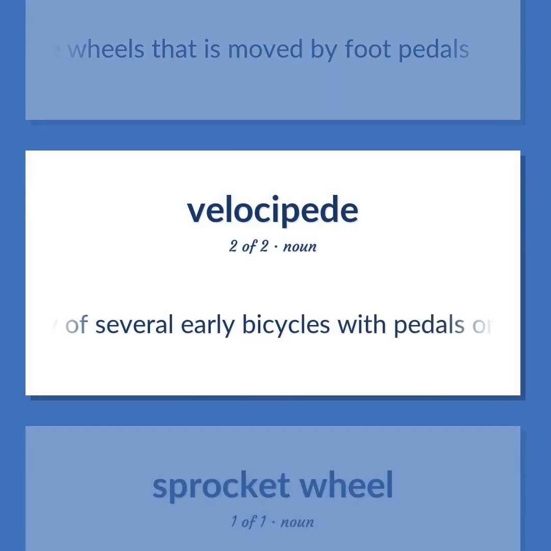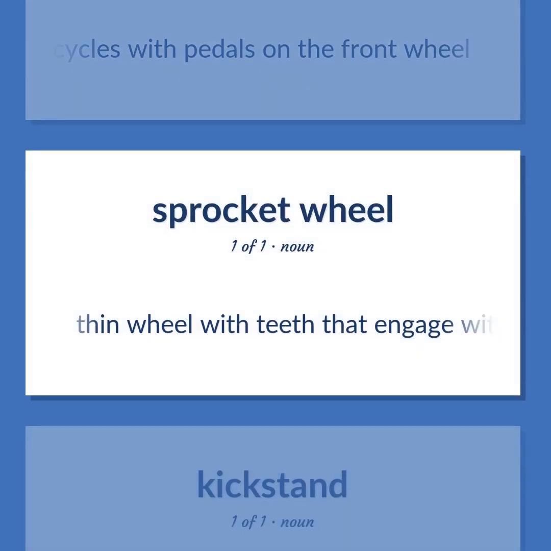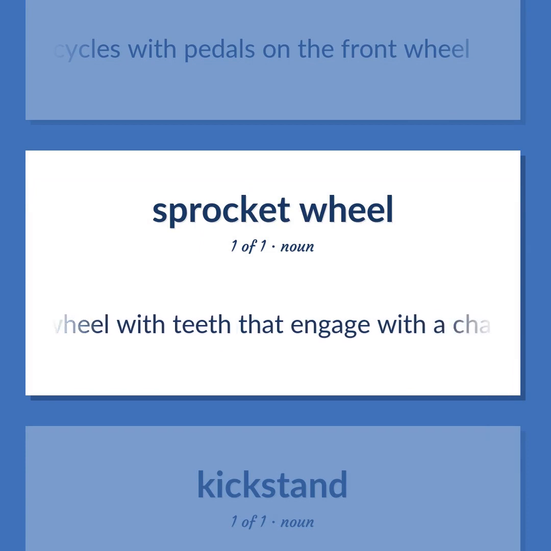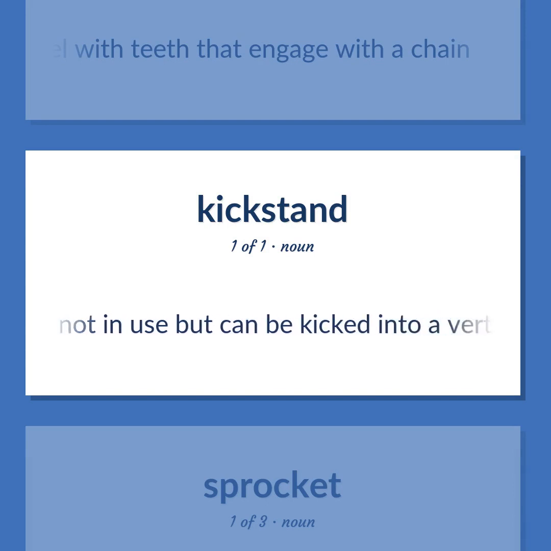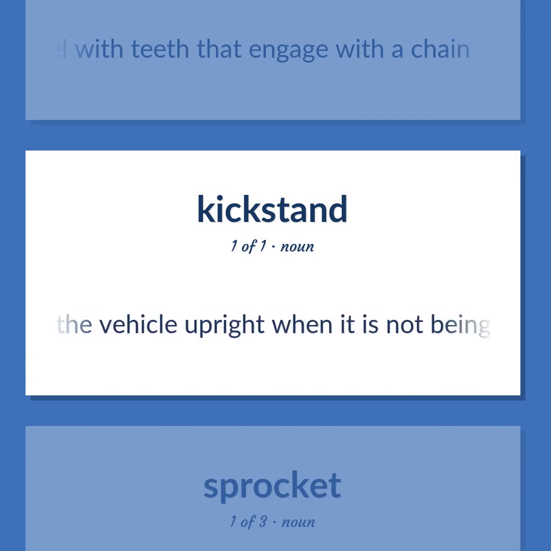Any of several early bicycles with pedals on the front wheel. Thin wheel with teeth that engage with a chain. A swiveling metal rod attached to a bicycle or motorcycle or other 2-wheeled vehicle. The rod lies horizontally when not in use but can be kicked into a vertical position as a support to hold the vehicle upright when it is not being ridden.